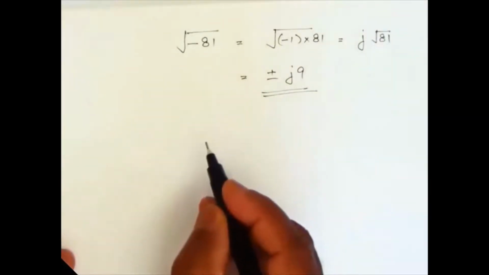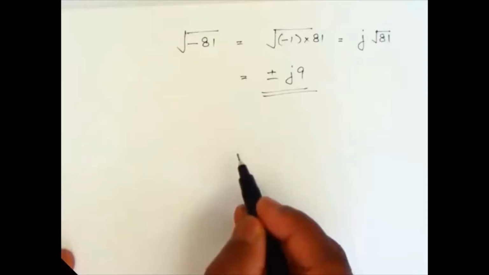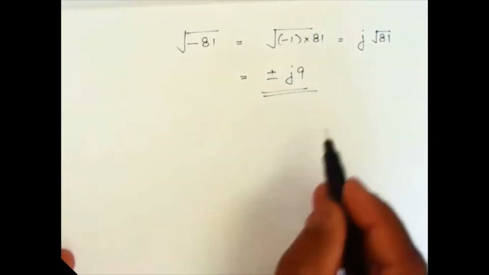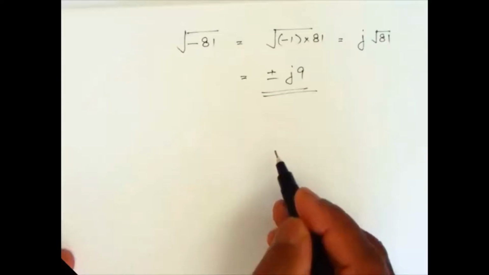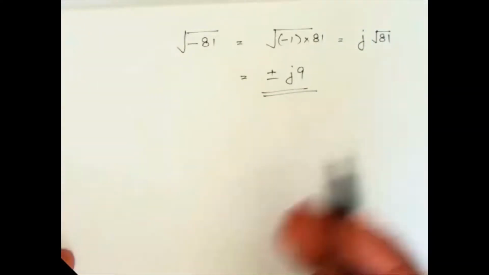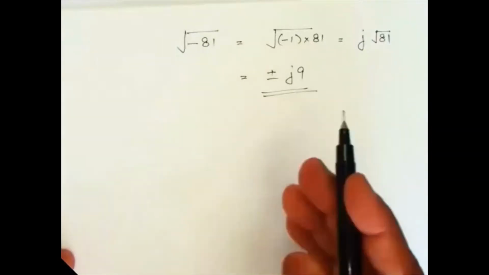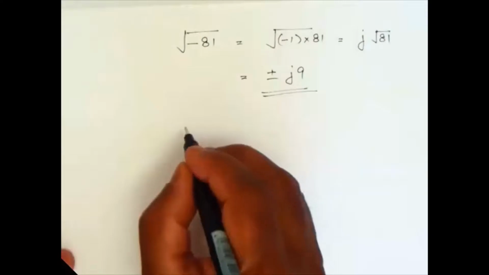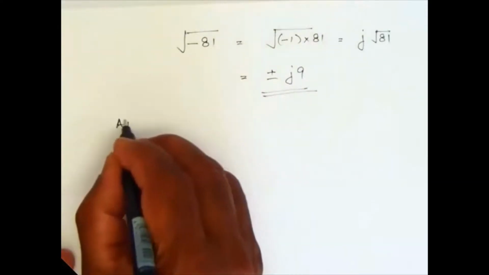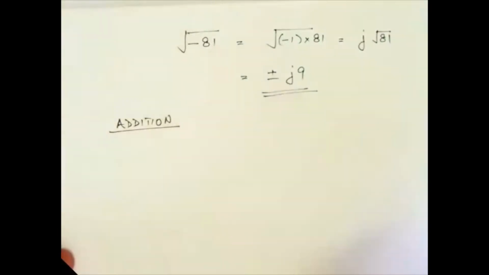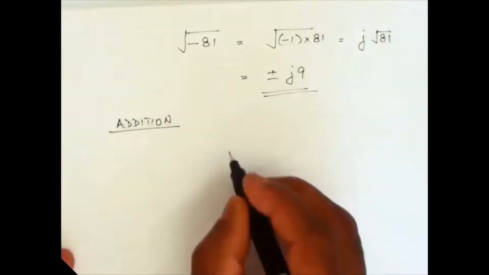Addition, subtraction and multiplication of complex numbers are done the same way that we do normal addition, normal subtraction and normal multiplication. Now we'll first do addition. We want to add two complex numbers.